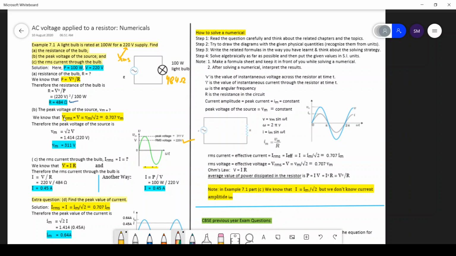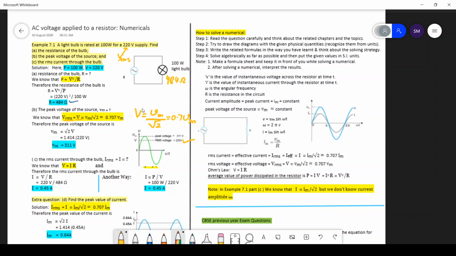What is the formula that connects peak voltage and RMS voltage? So VRMS, you need not write RMS here. Even if you write capital V, that is also sufficient. So that is VRMS is equals to Vm by root 2, and you can write it as 0.7 Vm.